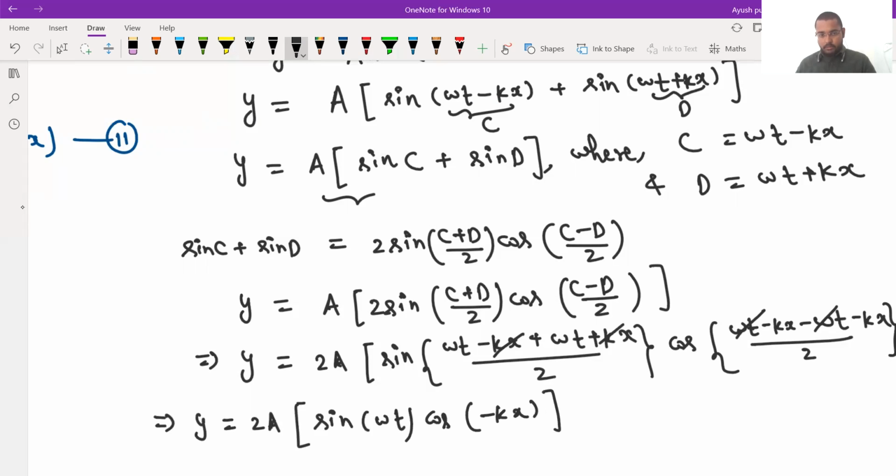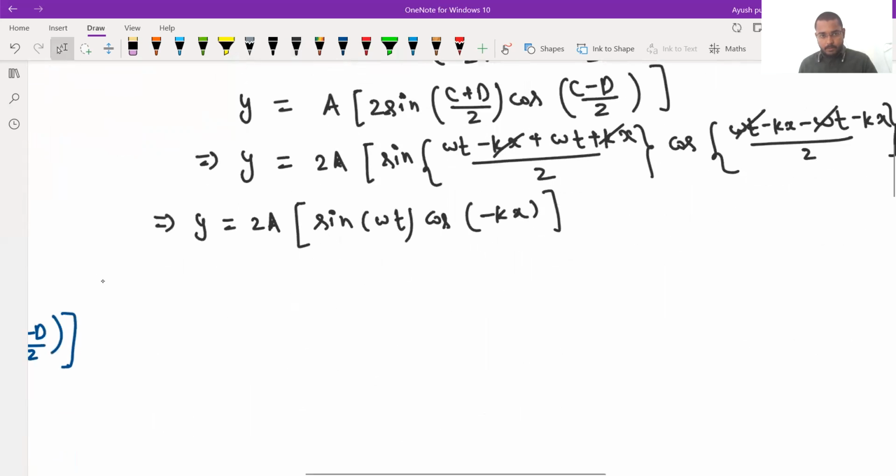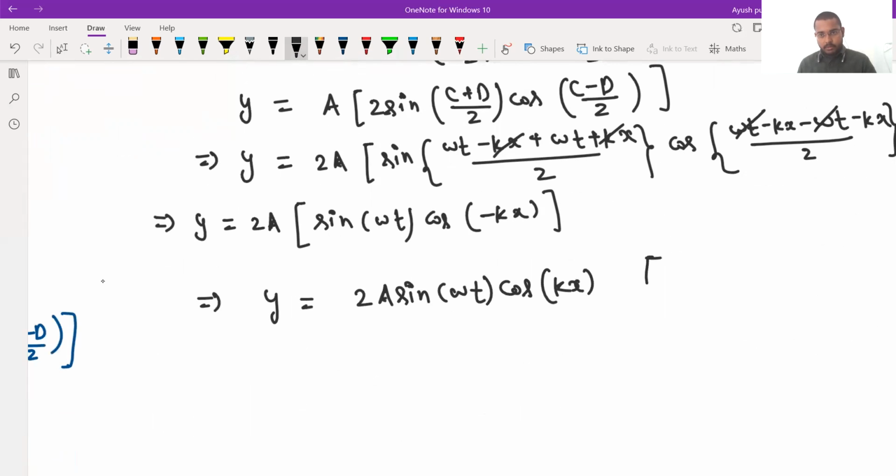So y is equal to 2a sin ωt cos(−kx), and from the trigonometric identity, cos(−kx) can be written as cos kx. This is a very well known formula.